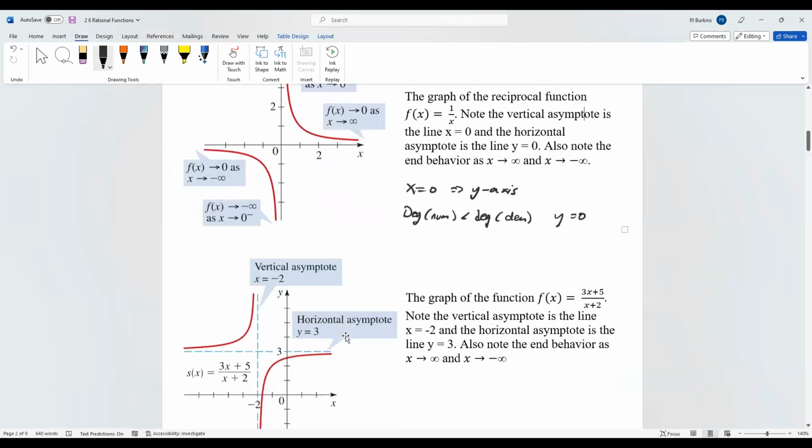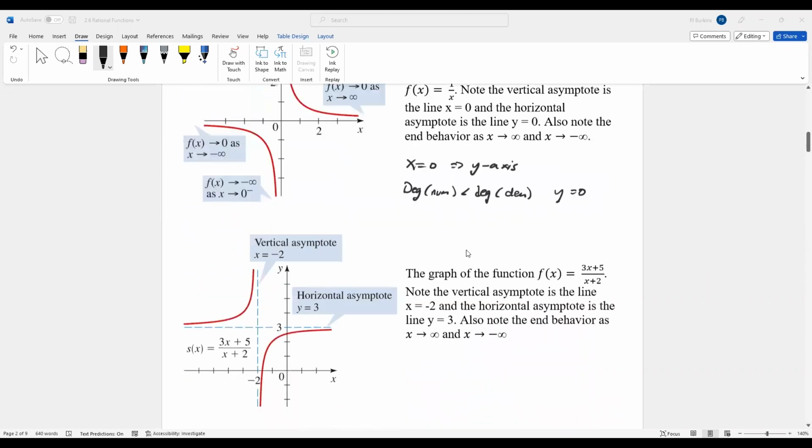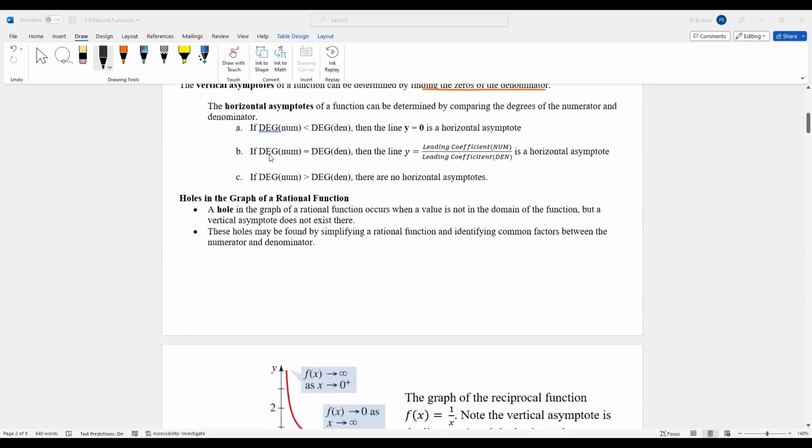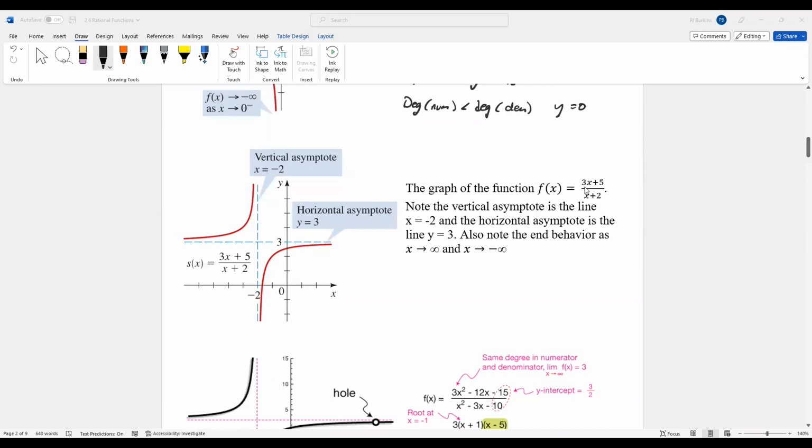All right, let's take a look at the next one. Looking at this example, we have the function 3x plus 5 over x plus 2. The degree of the numerator is 1, and the degree of the denominator is 1. So if we look back up at our rules, if the degrees are equal, then the line y equals the leading coefficients' quotient is a horizontal asymptote. So what is the leading coefficient of the numerator? Well, that's 3. The leading coefficient of the denominator is 1.